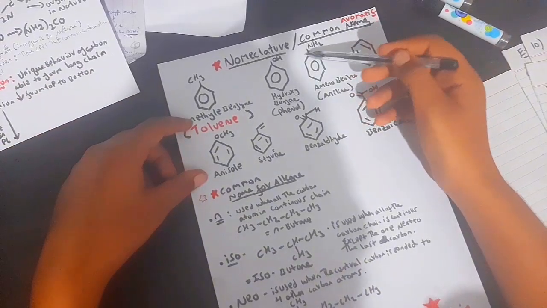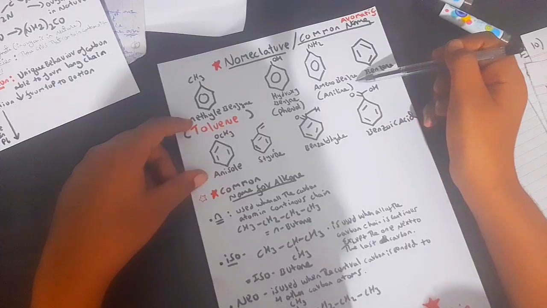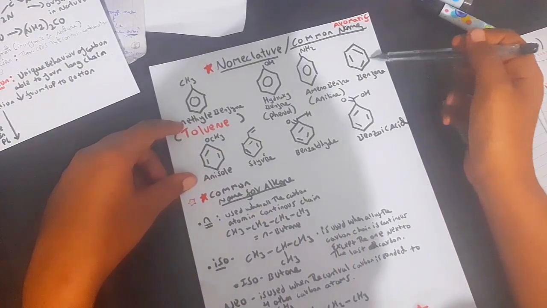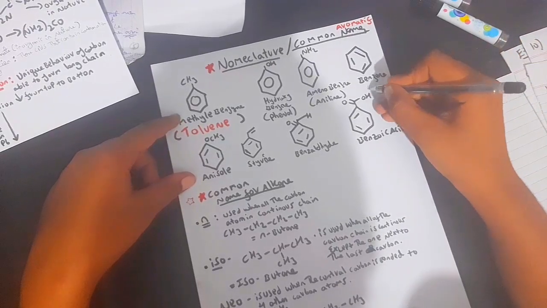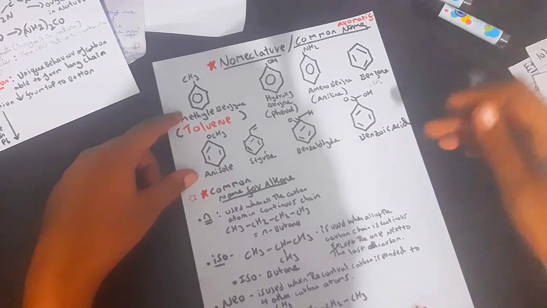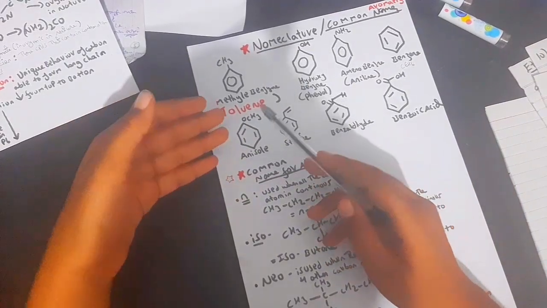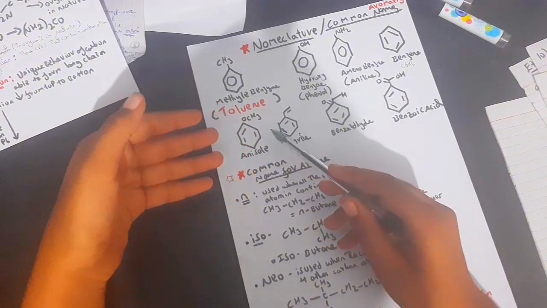And when the substitution is an amine, it's going to be aminobenzene, or aniline. And if it was in this structure, which is the common structure for C6H6, it's going to be benzene, C6H6.